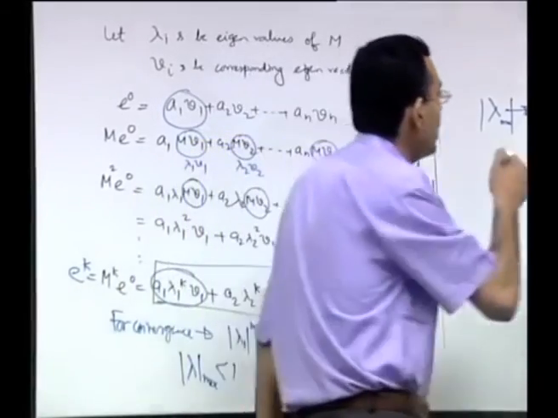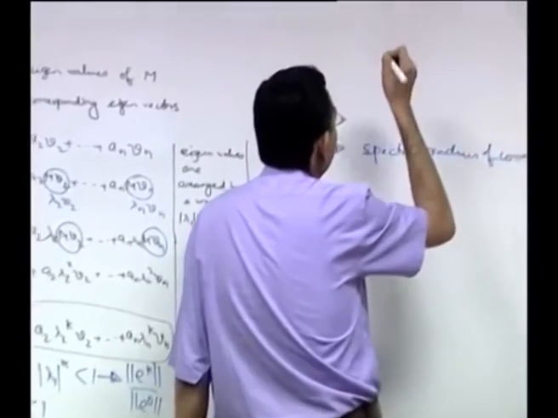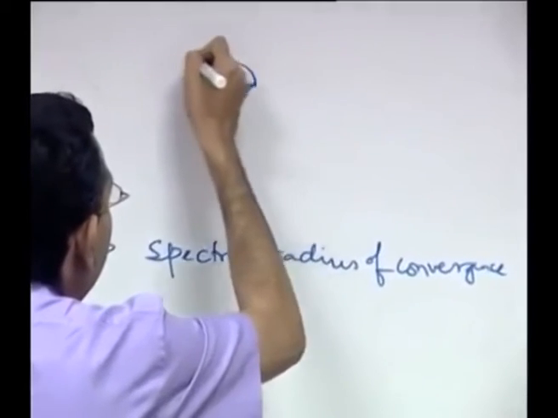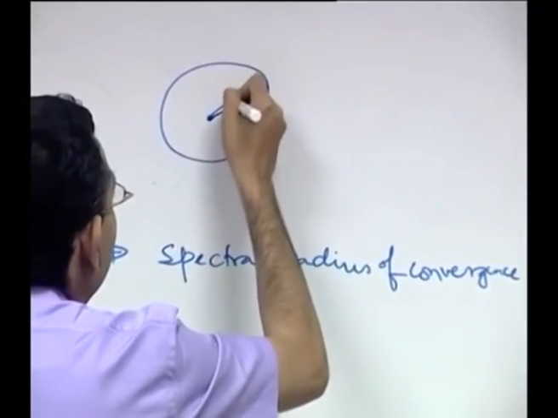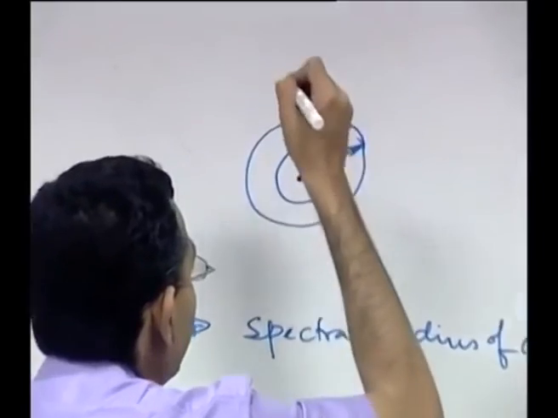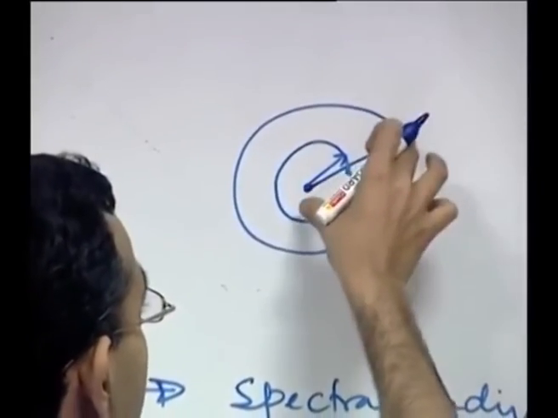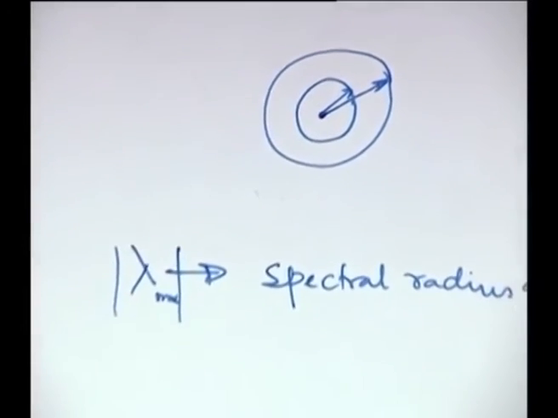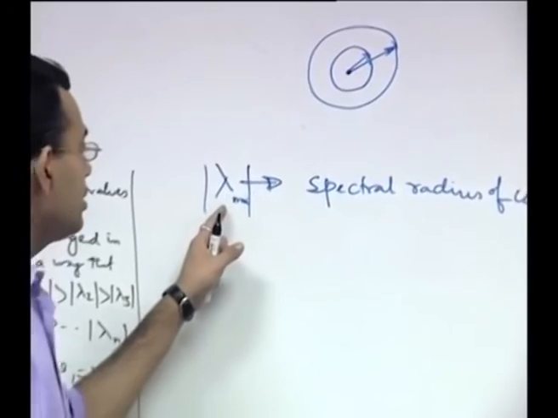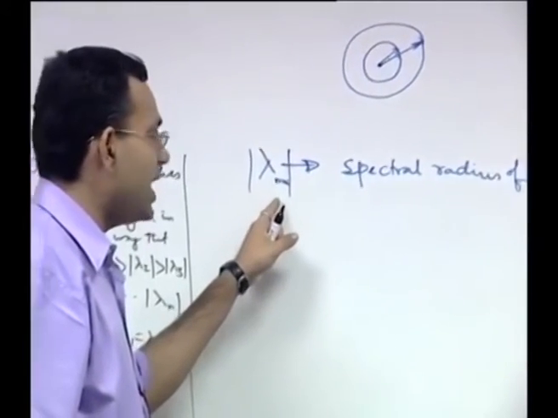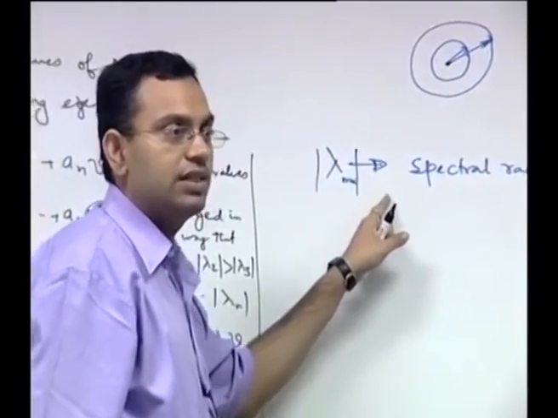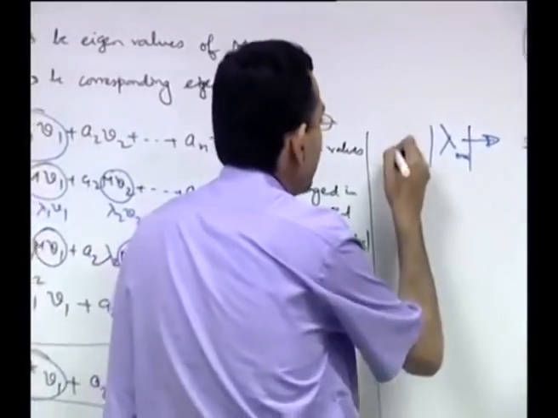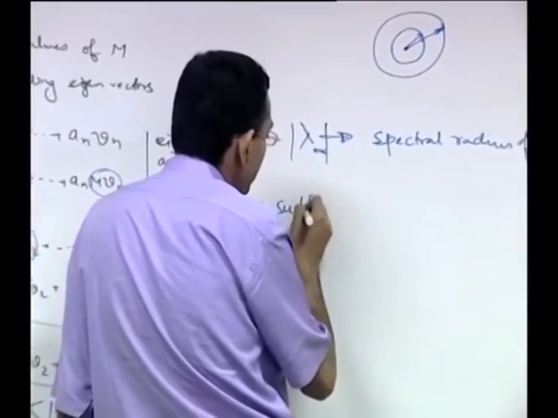If you draw circles with the center at the origin and the radius as the magnitude of the different eigenvalues, the maximum radius of all these possible circles should be less than 1, because this mod of lambda max must be less than 1 for convergence. The second important thing is that it is a sufficient condition for convergence.